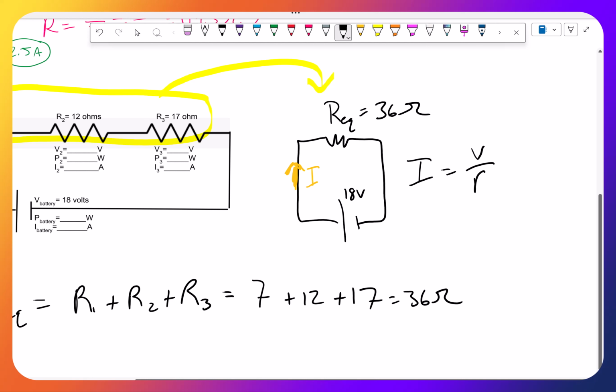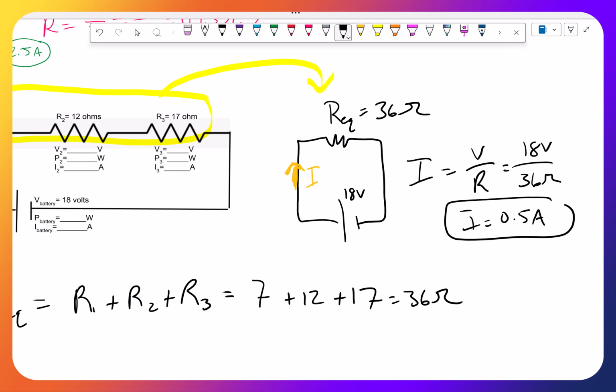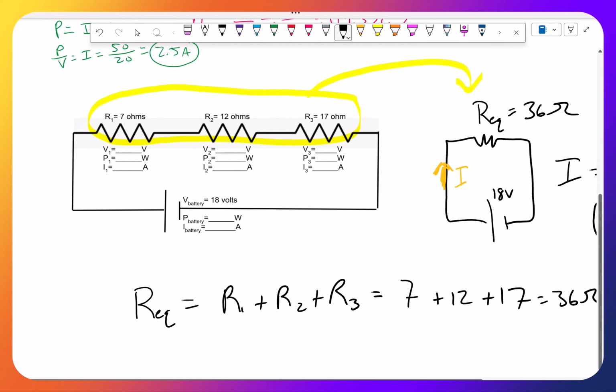So Ohm's law says I equals V over R, so the voltage is 18 volts, the resistance is 36 ohms. And that means then that the current going through the battery is 0.5 amps, and that's the current then for a series circuit going through the whole circuit.